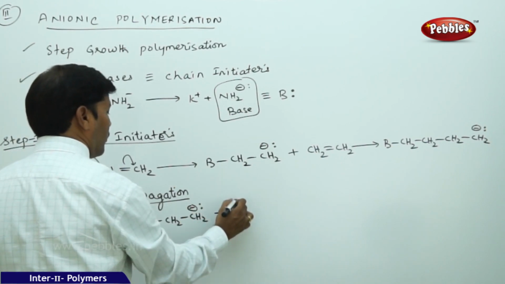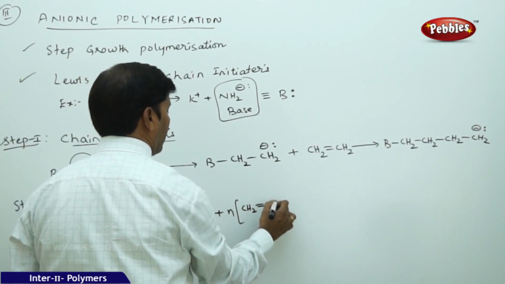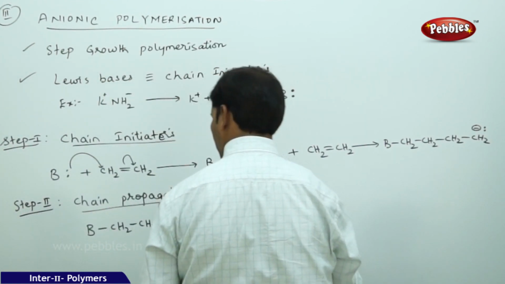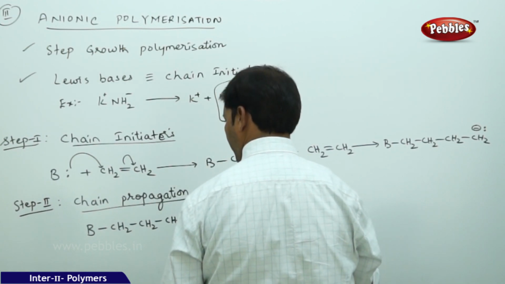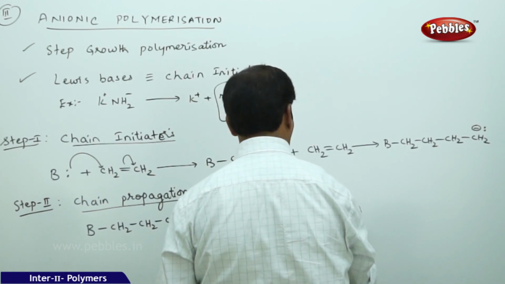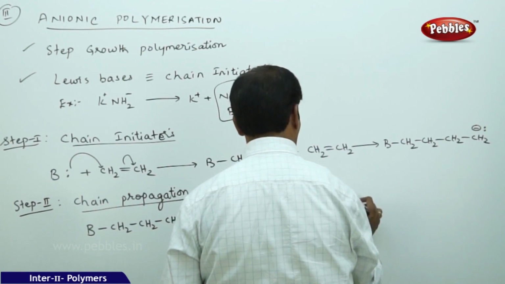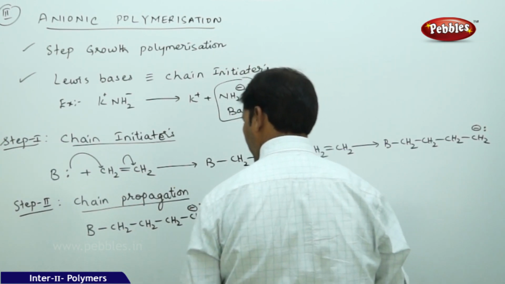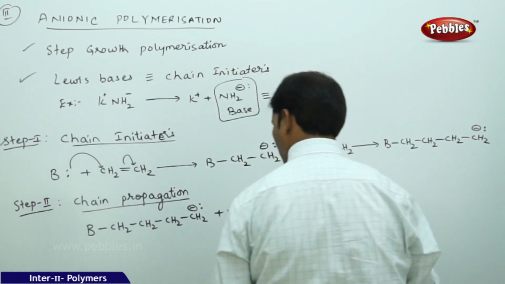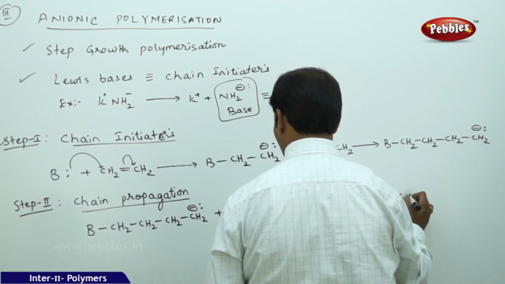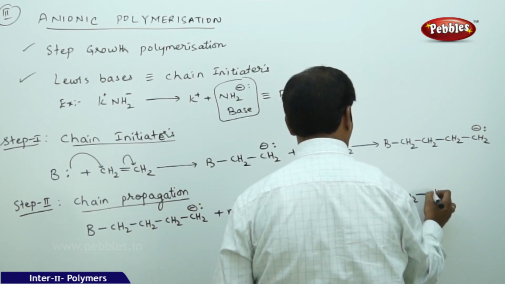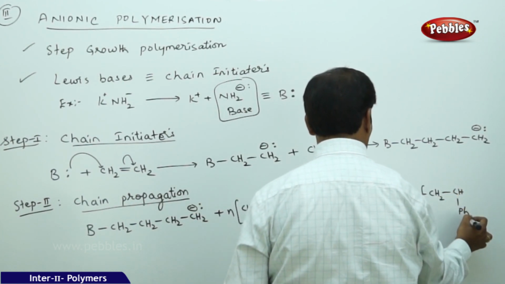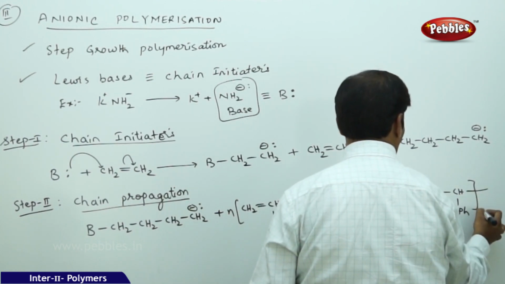Now add n number of molecules of styrene, 1 phenyl ethene, then immediately you are going to get B, CH2, base attachment CH2, again CH2 of CH of the phenyl group with a bond, taken n times.